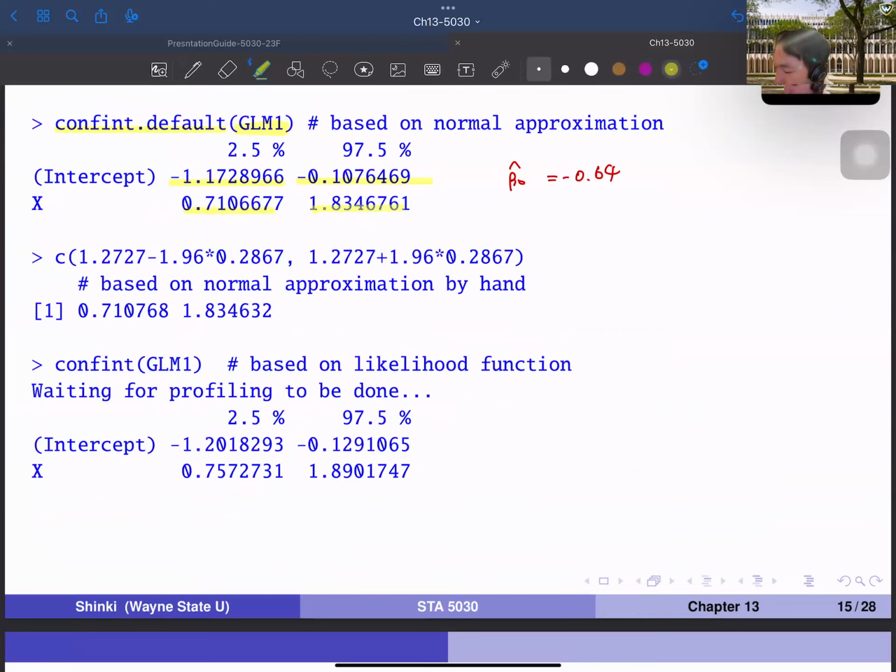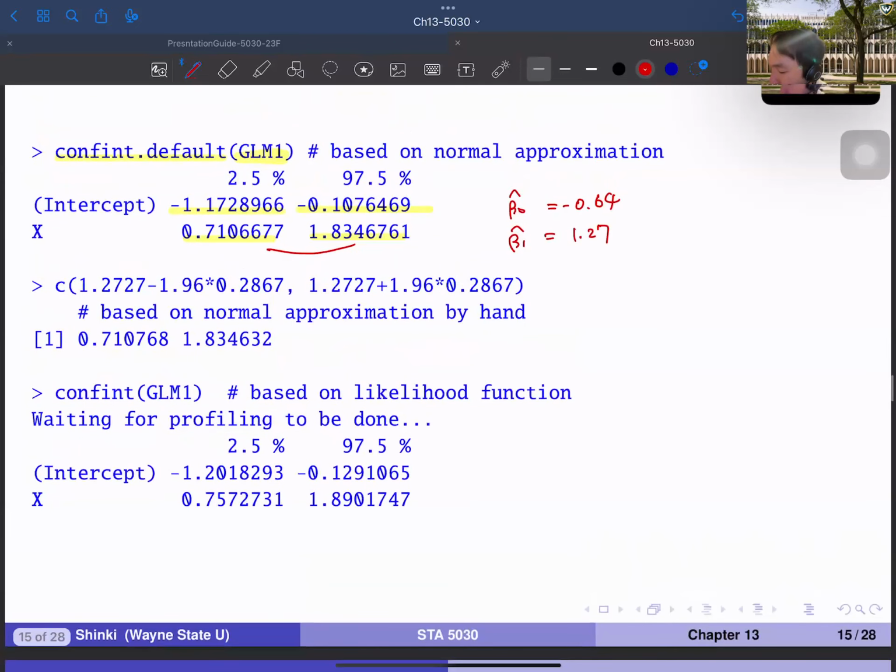And the range for x is 0.71 to 1.83. The beta 1 hat was 1.27, but we are sure that the number is between 0.7 and 1.83 with 95% confidence. And actually, these are just the estimated coefficient plus or minus the z value times the standard error.